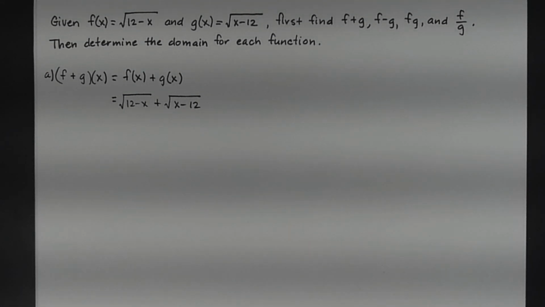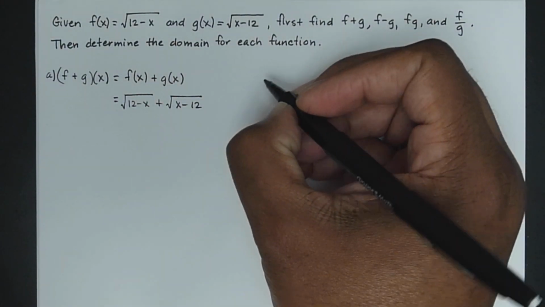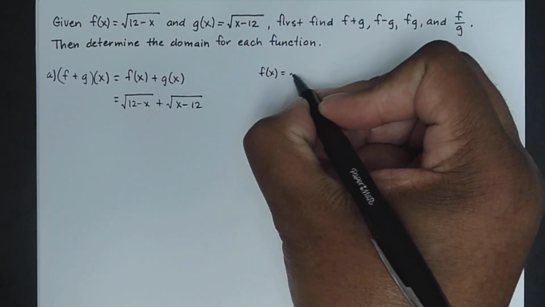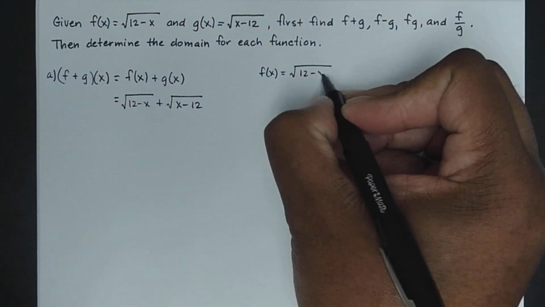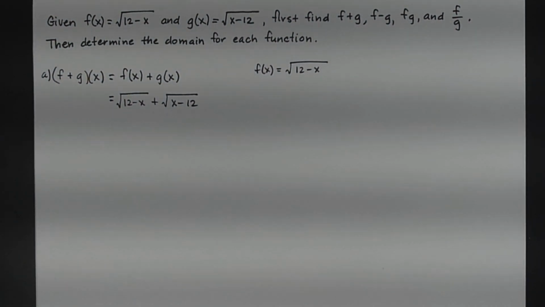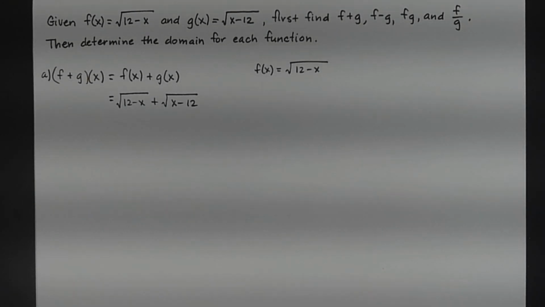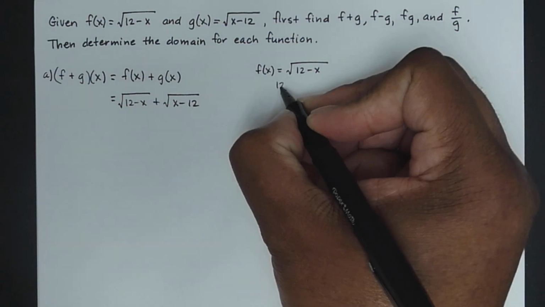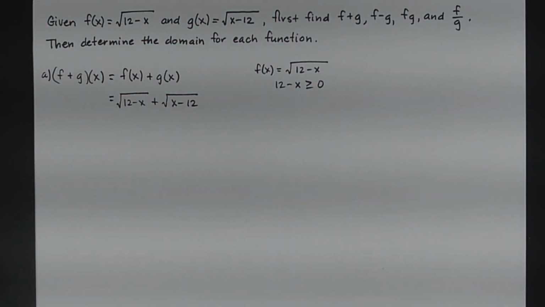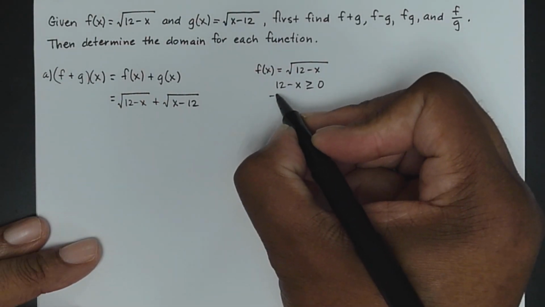Now we're going to find the domain for each of these functions here. Let's start with f of x equal to the square root of 12 minus x. Now with the radical function, if you recall, we always take what's underneath that square root symbol and set it to be greater than or equal to 0. So I'm going to take that 12 minus x, set that to be greater than or equal to 0, and then get x by itself.